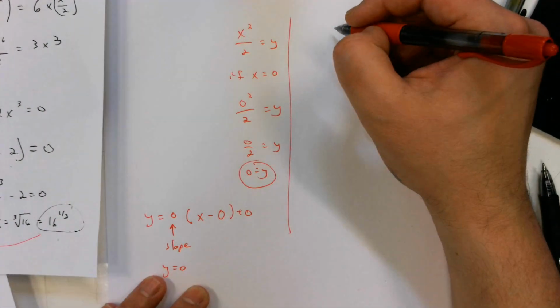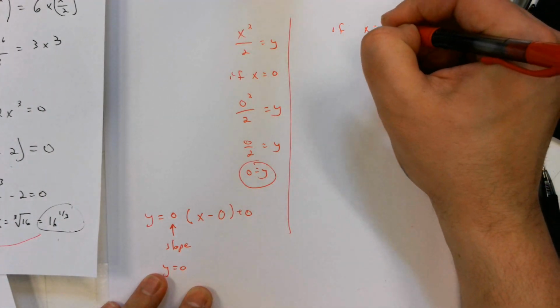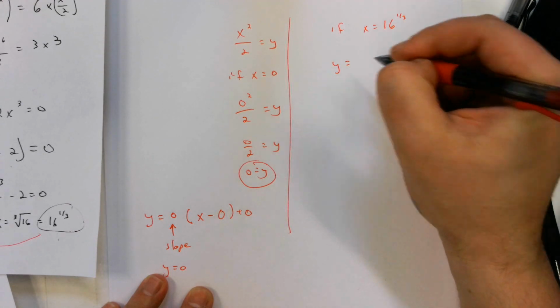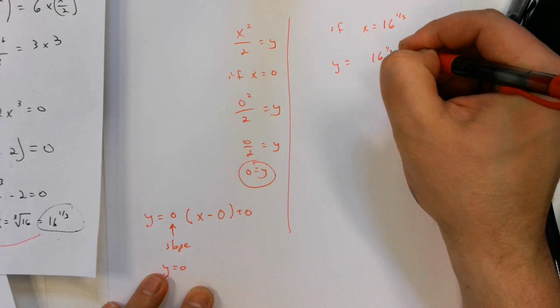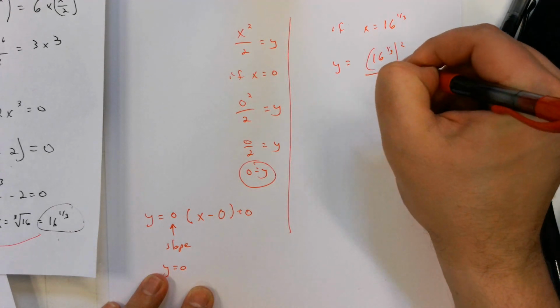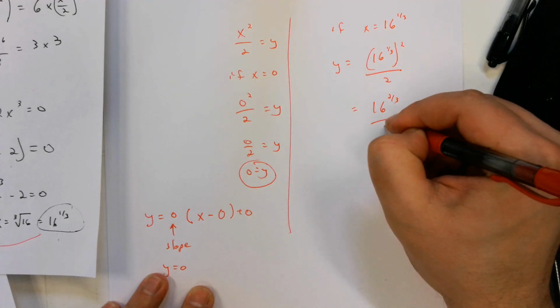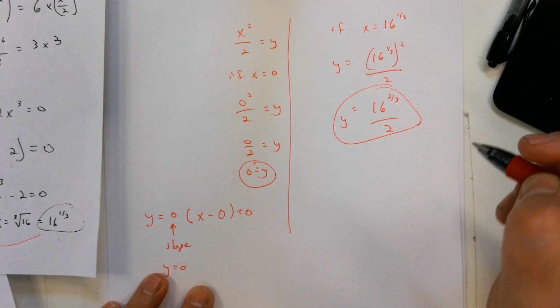Conversely, if x equals the cubic root of 16, y equals the cubic root of 16 squared divided by 2. This is equal to 16 to the 2/3 power divided by 2. That's my y-coordinate.